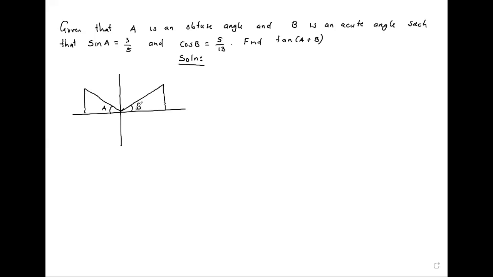Then sine, we know that sine is opposite over hypotenuse. So opposite 3 over hypotenuse 5. We also know that cos is adjacent over hypotenuse. So now I find the missing side. 5 squared minus 3 squared, we get 16, which will give us 4.